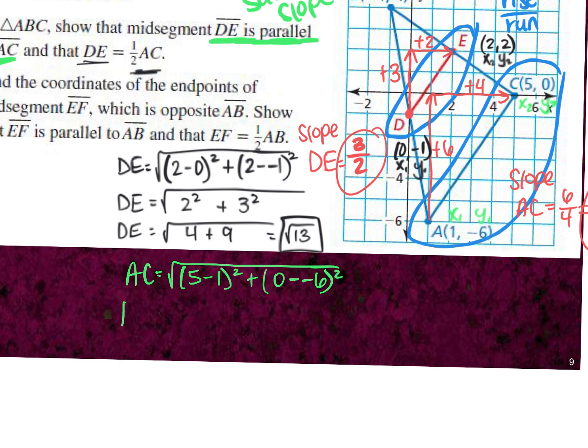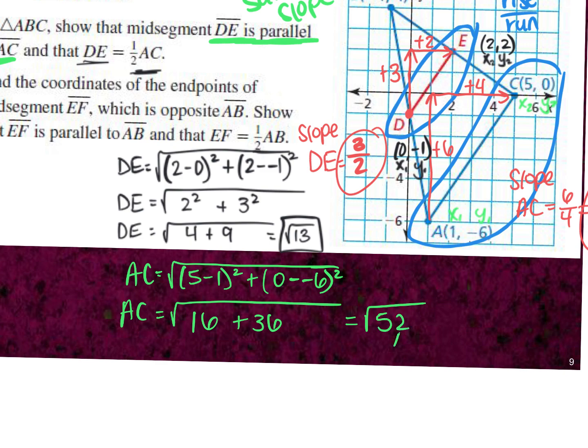And then we're squaring it. So AC is going to be the square root. 5 minus 1 is 4. When you square it, you get 16. 0 minus negative 6 is going to be 0 plus 6, which is 6. When you square it, you get 36. So we have 16 plus 36, which gives me the square root of 52.